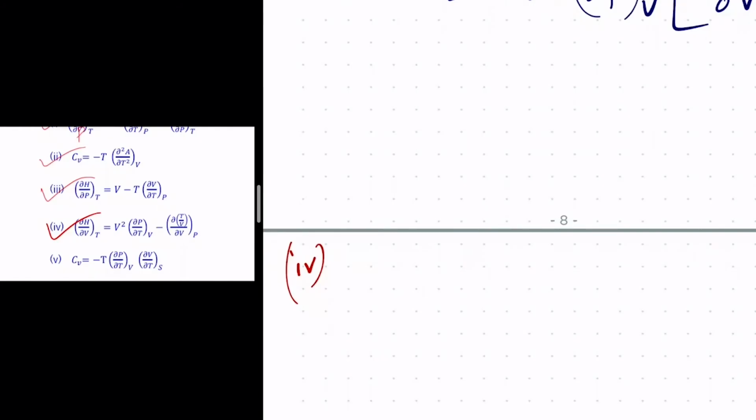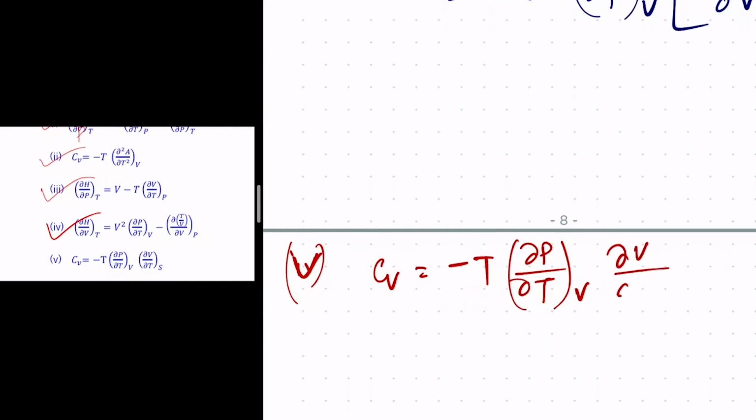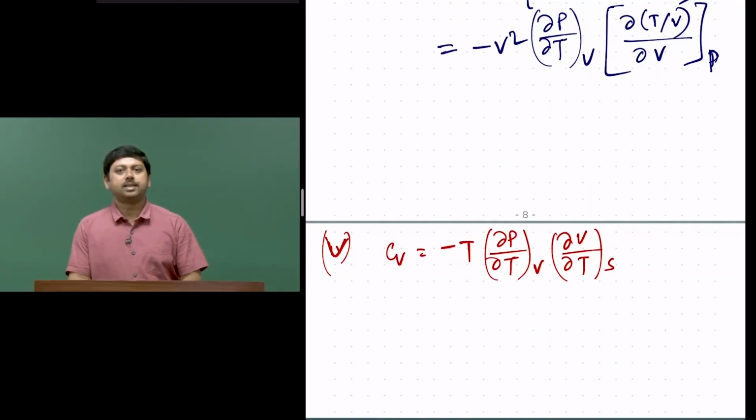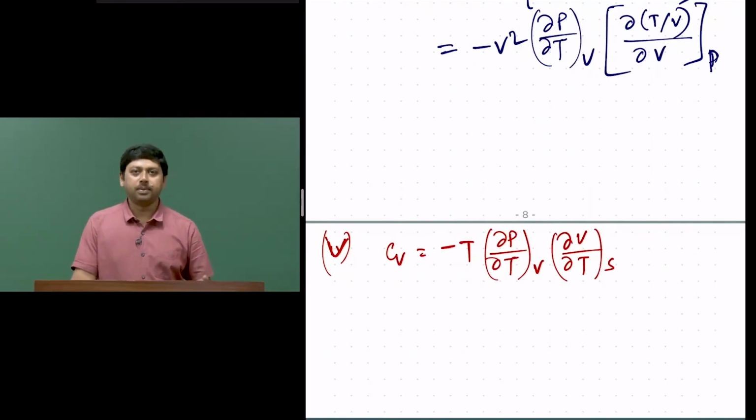where we write C V as minus T del P del T V del V del T S. Just to make things complicated, C V is very simple, del U by del T at a constant V. Why one should write in such a complicated form.